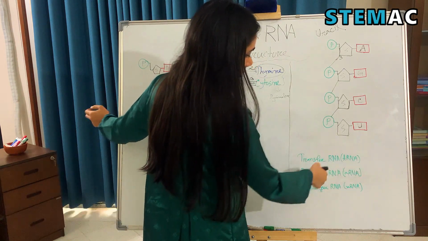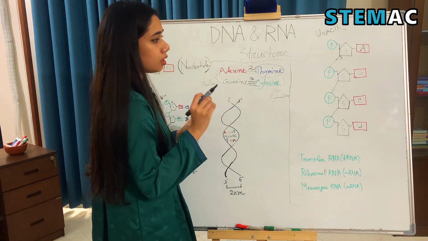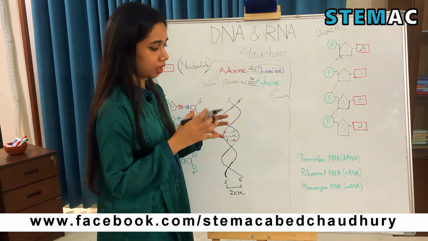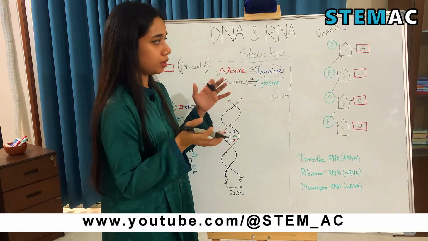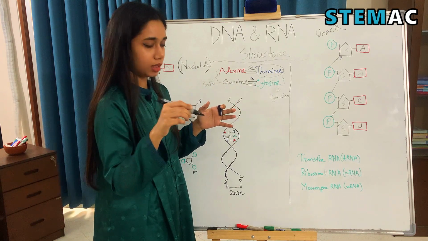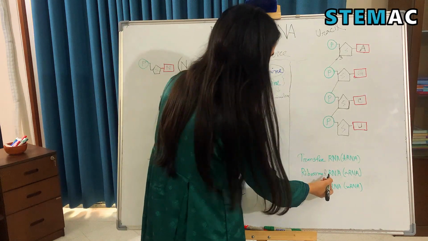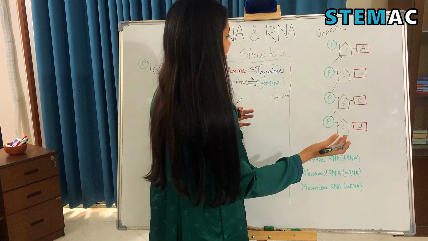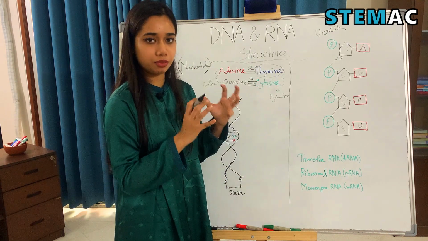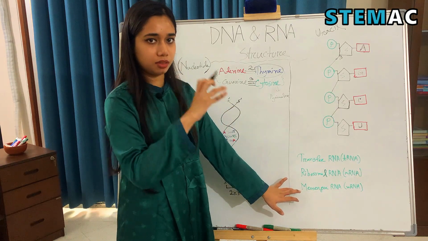The ribosomal RNA is another type of RNA, and it is a very essential structural component of a ribosome, and the ribosome also takes part in protein synthesis, which we learned in our nucleus structure video. There we saw that ribosomes are attached to the endoplasmic reticulum outside of the nuclear membrane, right?